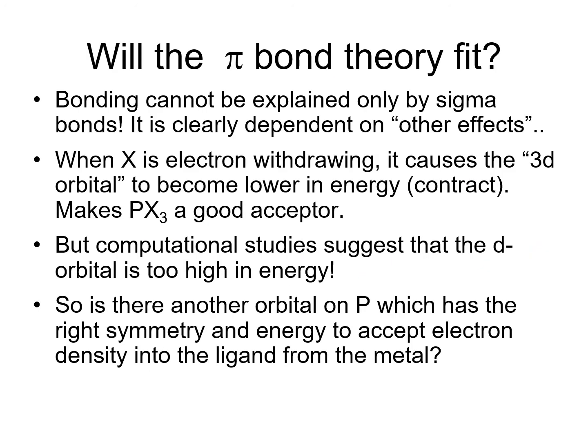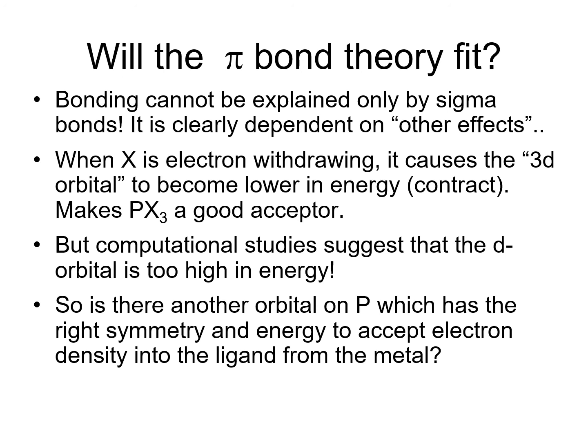Now we have to look at all the factors that we have considered and find out whether the pi bond theory will fit. When X is electron withdrawing, it causes the 3d orbital to become lower in energy, contract, and thus it makes PX3 a good pi acceptor.